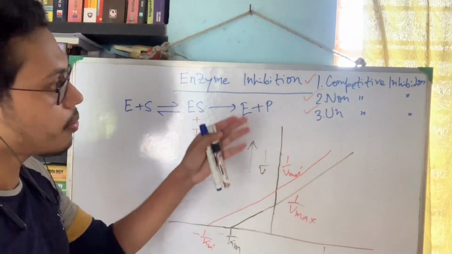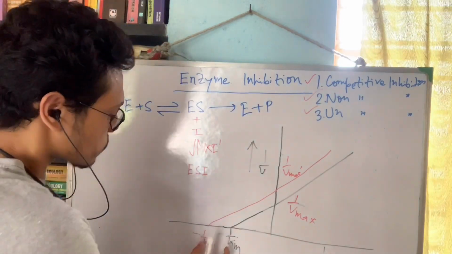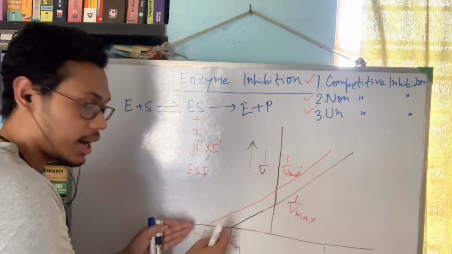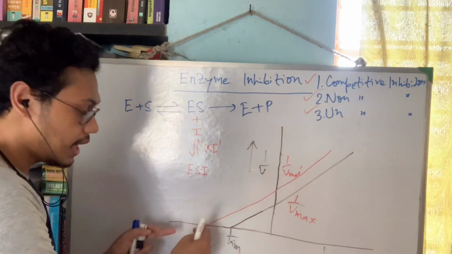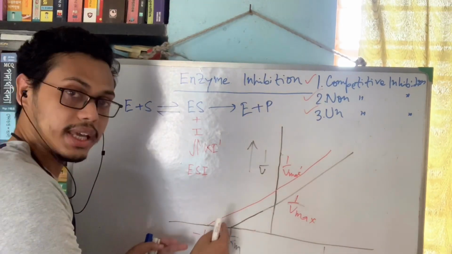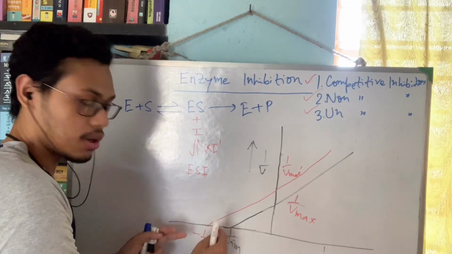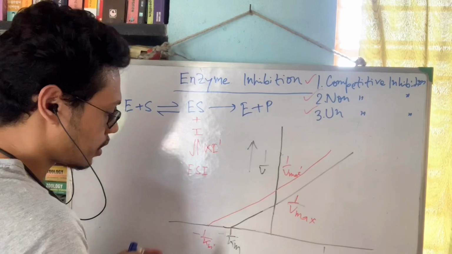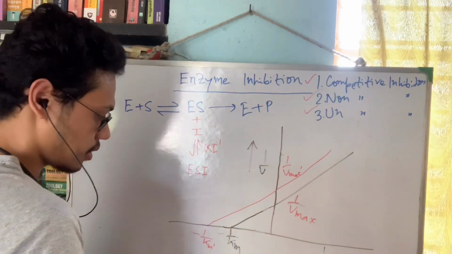So in case of uncompetitive inhibition, 1 by Km value moved from here to here. So 1 by Km value has been increased, and the Km value becomes decreased.